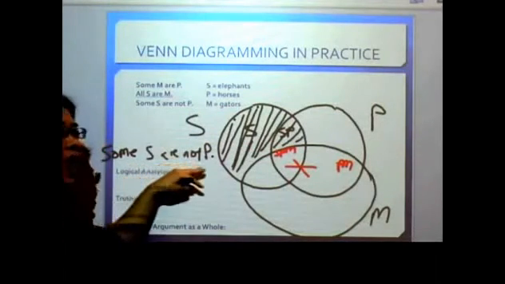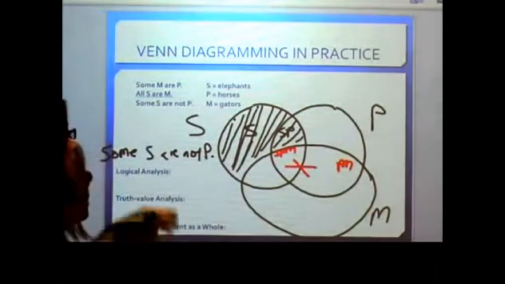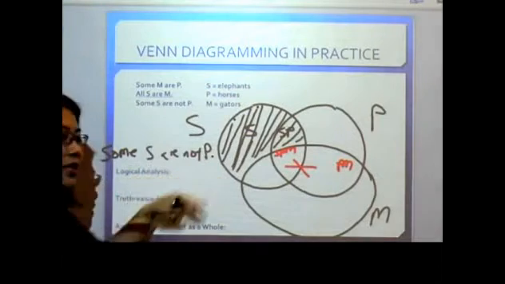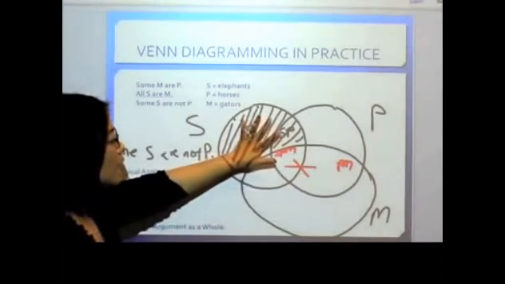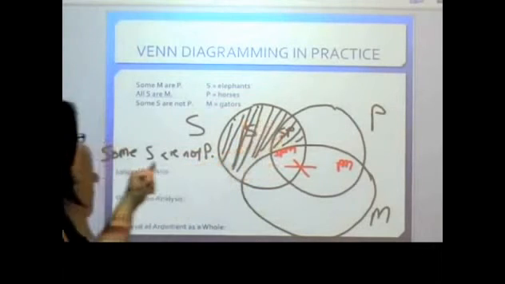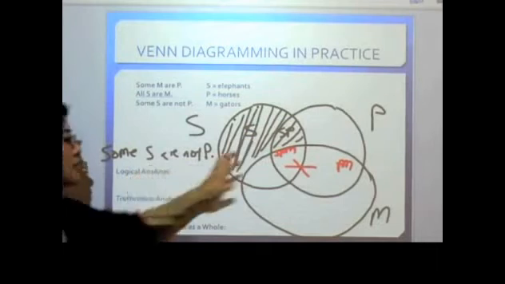So some S are not P means that there's an X, at least in one area, okay, where it's an S but not a P. So we look at our subject circle here, okay, and we want to see in that subject circle for this statement, some S are not P, the subject being S, okay.